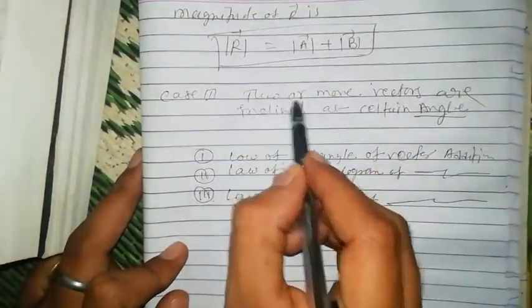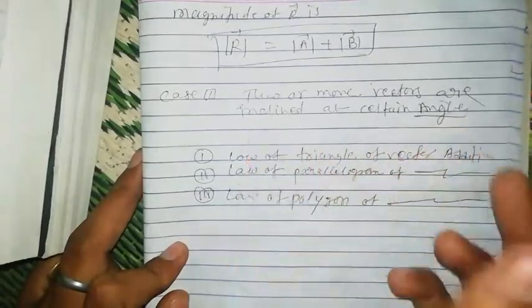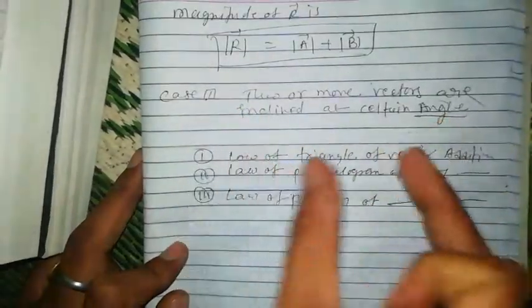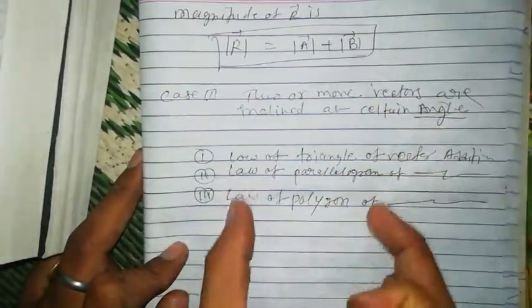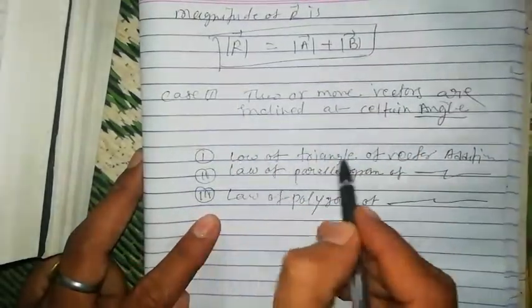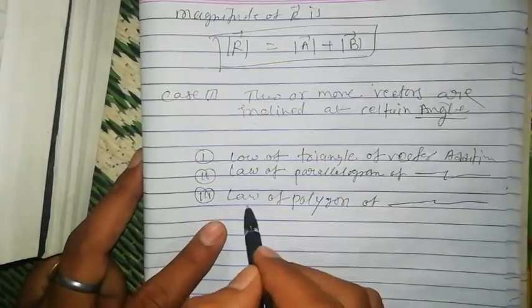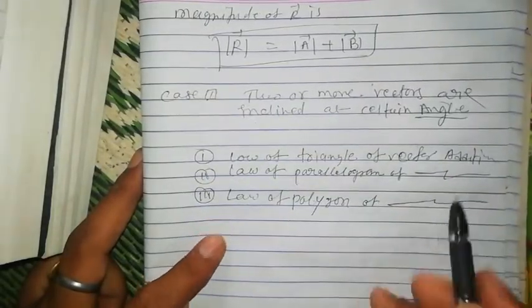If two or more vectors are inclined at a certain angle, then for addition of vectors we can follow the following laws: law of triangle of vector addition, law of parallelogram of vector addition, and law of polygon of vector addition.